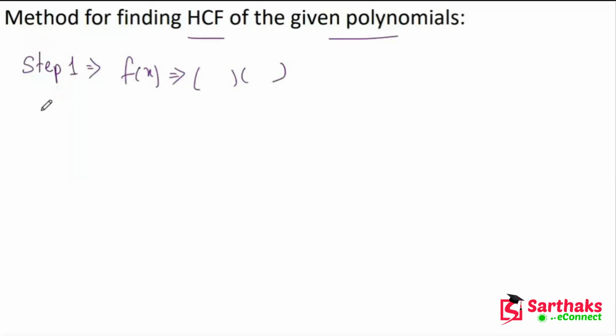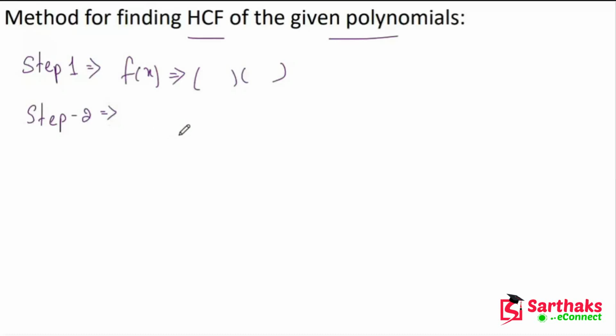Okay, now the second step is that if there are no common factors, then HCF is always 1. And if there are common irreducible factors, we find the least exponent of these irreducible factors in the factorized form of the given polynomials.